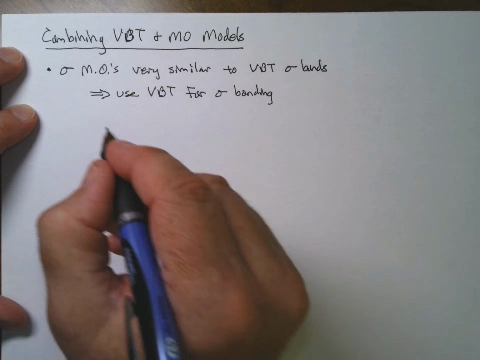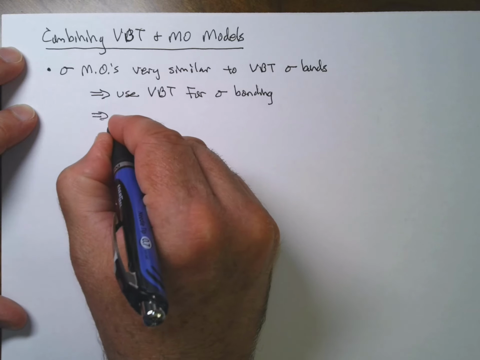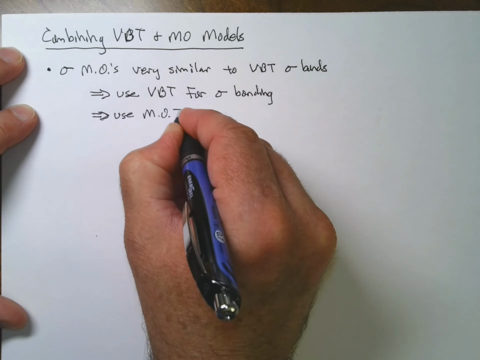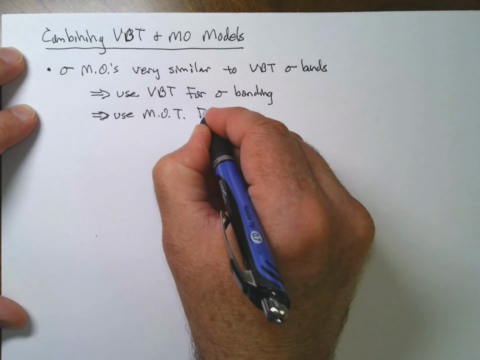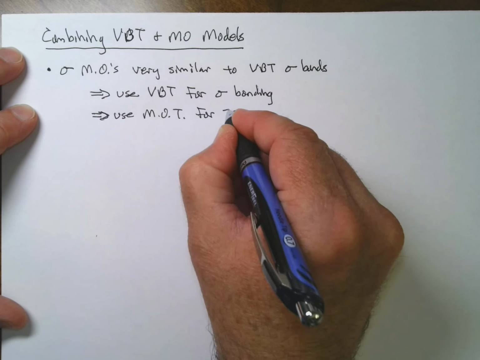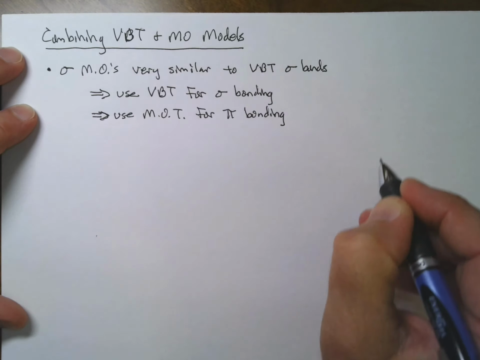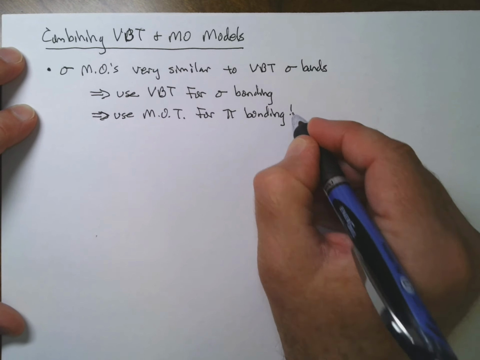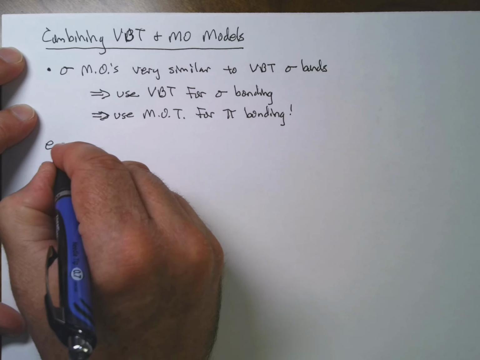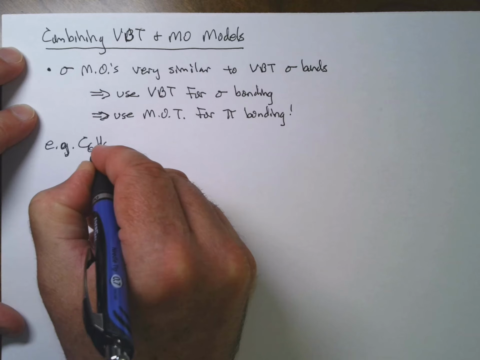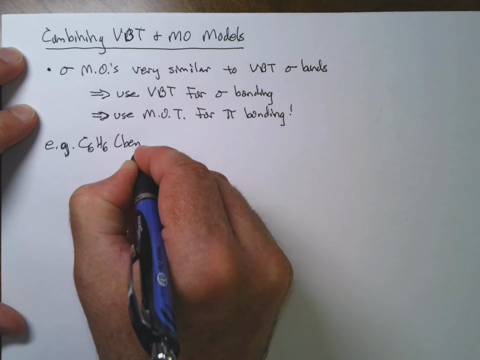And then we'll use molecular orbital theory for pi bonding. And this works pretty well. An example is C6H6, benzene.